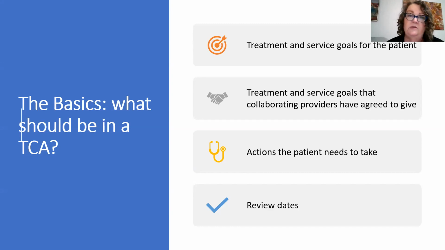Now, sometimes you'll see a document that has the GP management plan, and it's hard to tell if there's a team care arrangement as well, but often the management plan also serves as a team care arrangement because you've named the collaborating providers and what the goals for each of those providers is trying to help the patient meet. So it doesn't have to be 2 different documents, but all of these components need to be in it for it to be considered a team care arrangement.